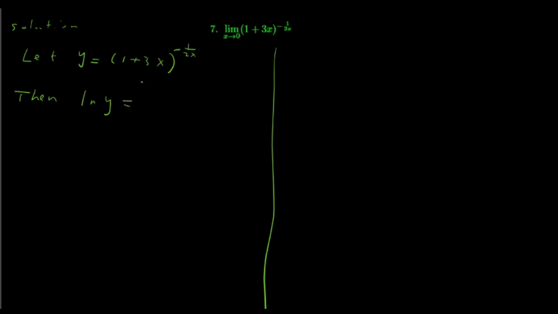I'm going to do that in 2 steps. We take natural log of y. By that we mean we take natural log of (1 plus 3x) to the power of negative 1 over 2x. The whole thing is the exponent. Do you want to recall one property we mentioned before?